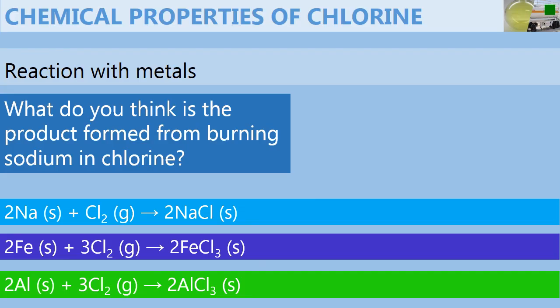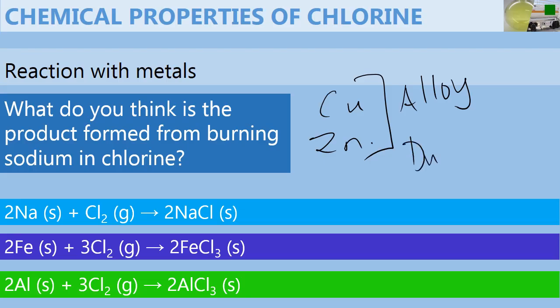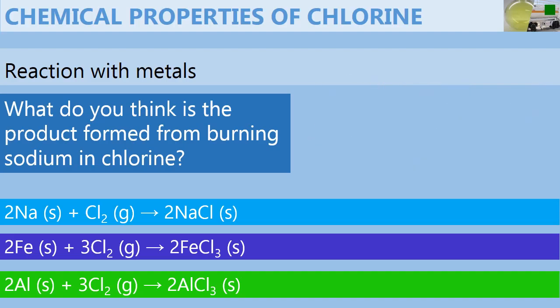Other metals that can be used include copper, zinc, or an alloy of the two, which is called Dutch metal. This one will burn in chlorine with a green flame because of the copper present.